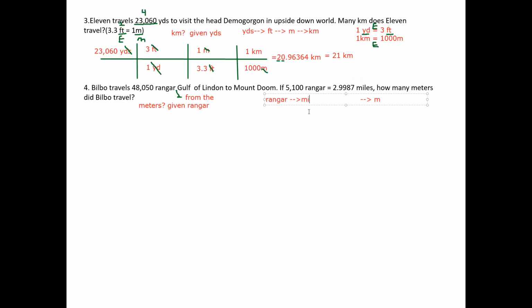But we know how many meters are in a mile, so we can go from Rangar to miles to meters. And so 1 mile is 1,600 meters. So this is how we're going to go from Rangar to meters.